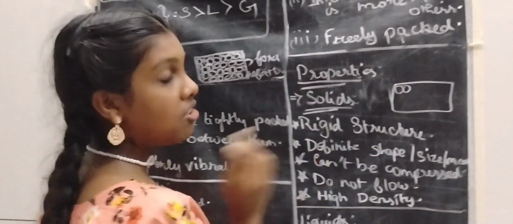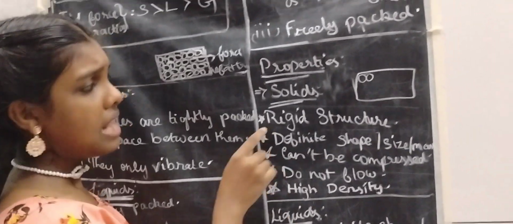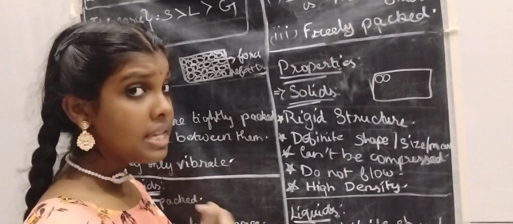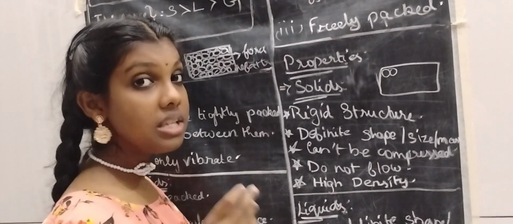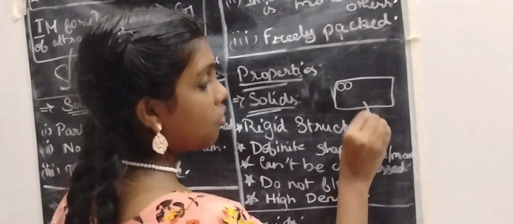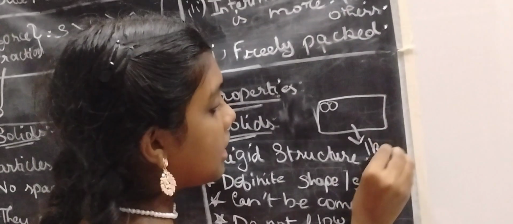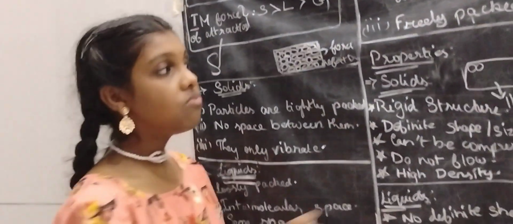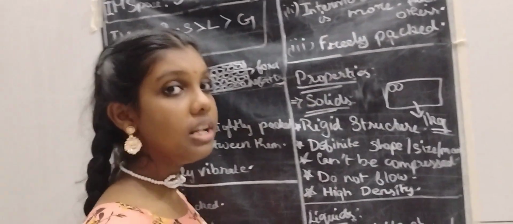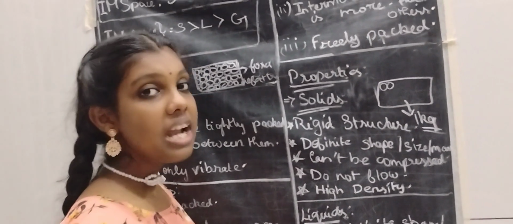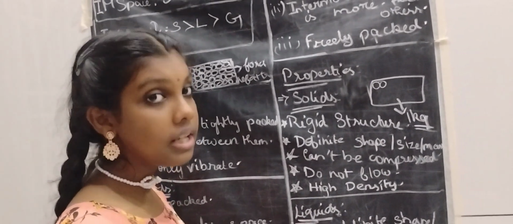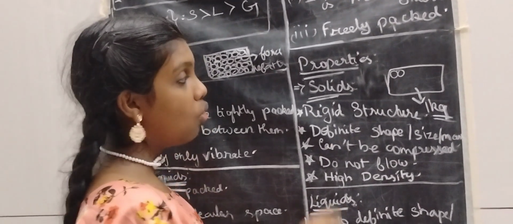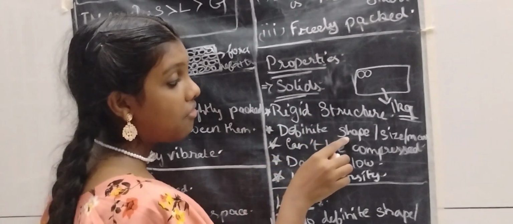So they have a rigid structure, and solids have definite shape, size and mass. Their mass wouldn't change. If this is 1 kg, it remains 1 kg unless we add another solid into it, or some other state of matter. They have a definite shape.